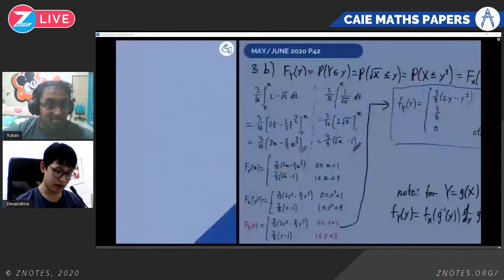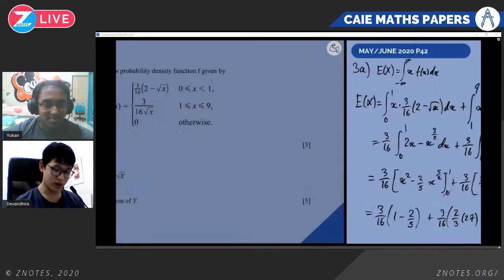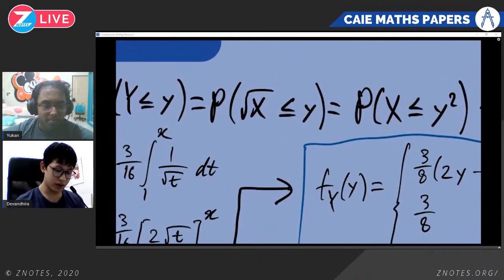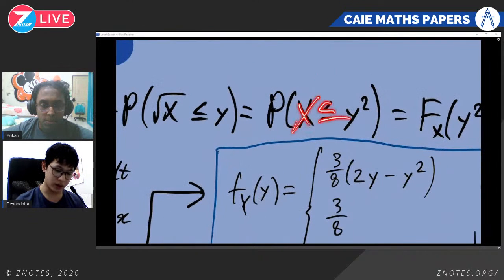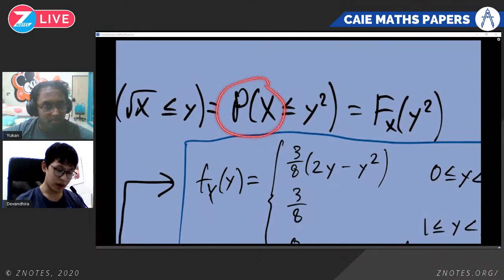Since they give that Y is equal to root X, we can simply substitute root X right here, and it's less than y. We can square both sides, so that we have X is less than y squared. But we know what P of X less than something is. It's our CDF in terms of x.